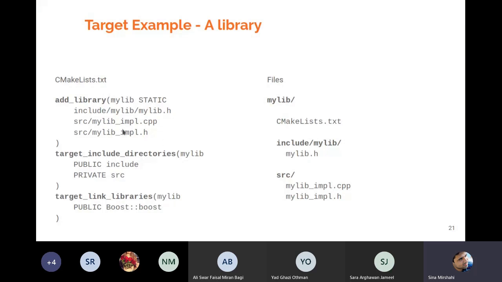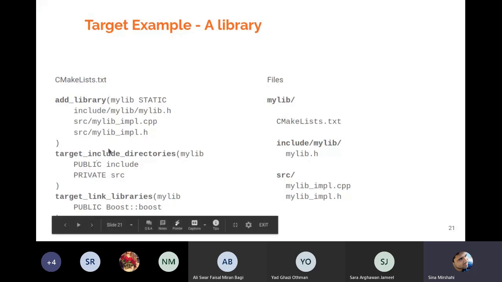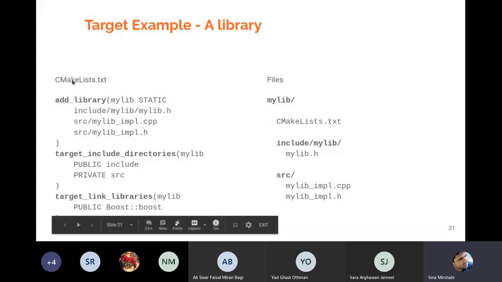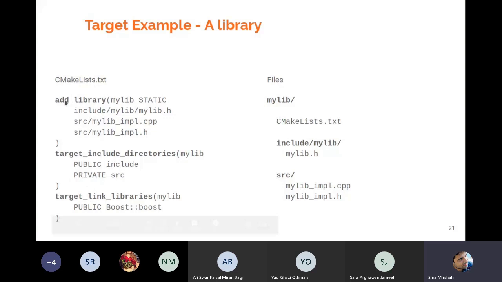I will practically make an example for you, but I just want you to know the structure. You see, for example, this is my CMake file, and inside my CMake file, I will create a library.